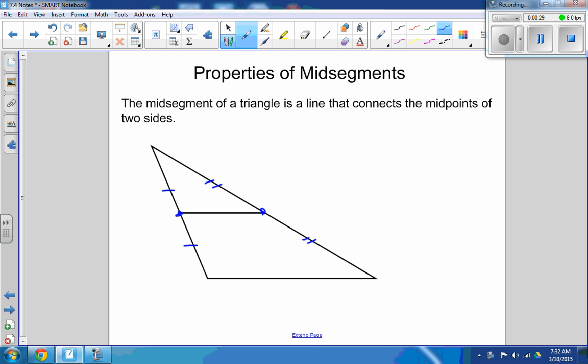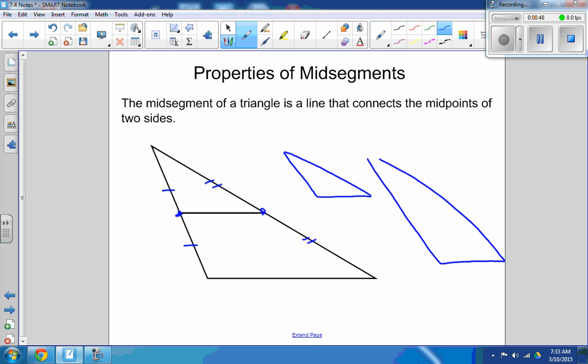Now, if we want to think about what the length of the midsegment actually is, we can think about this in terms of a small triangle and a large triangle. If this segment was x, the other segment would be x, and the full segment would be 2x.